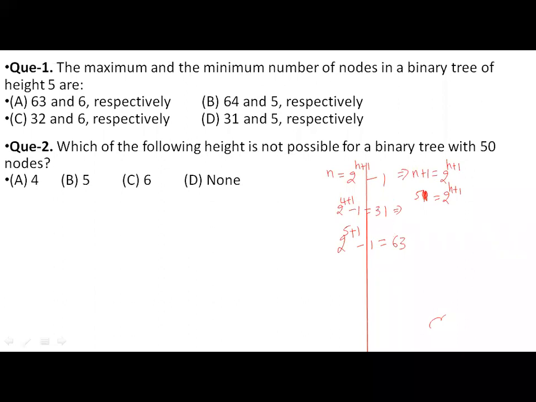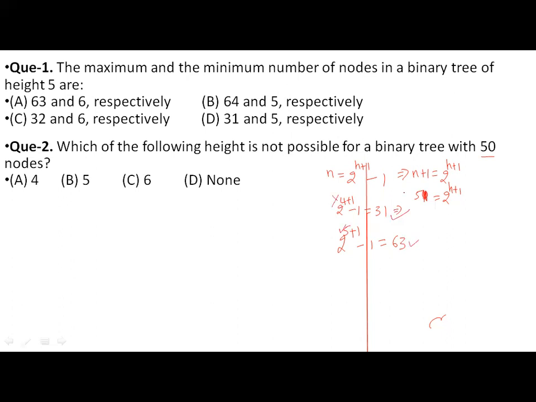See here, with height 4, the maximum number of nodes is 31. With height 5, the maximum number of nodes is 63. So our number of nodes given is 50 here. With 50 nodes you can draw a tree with height 5, but with 50 nodes you cannot draw a tree with height 4.